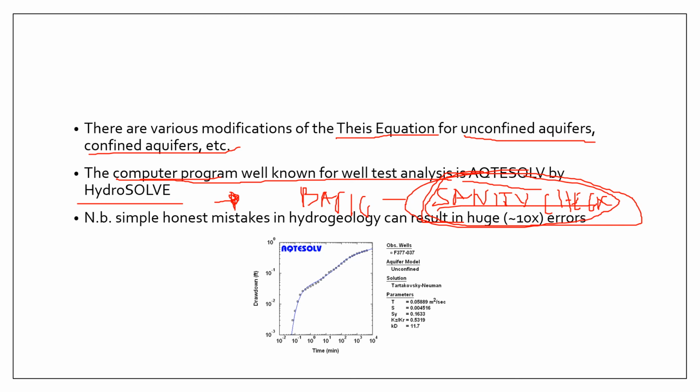It is what we do to make sure that we're not missing anything, or that the program we are using has no bug. So we always double check everything, or triple check, especially in hydrogeology, because simple mistakes can easily result in really huge errors.